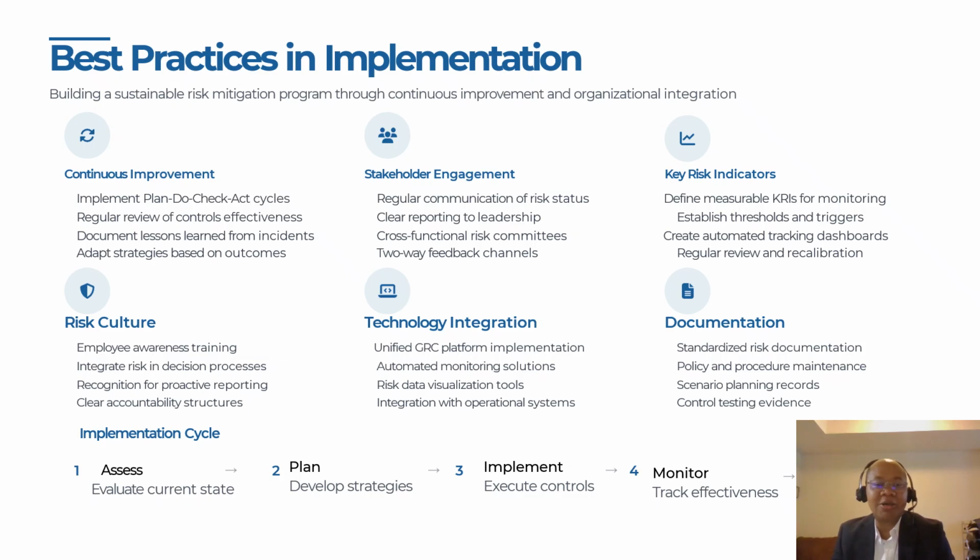We must become learners or learning organizations to ensure success because there's always room for improvement. So one way to ensure that, or some ways to ensure that, is one, implementing the plan, do, check, act cycle. So it's a cyclical cycle.